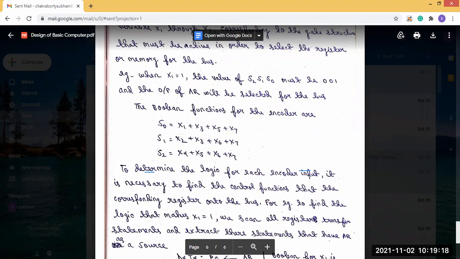Because x1 is what? If x1 equals 1, that means the address register gets the permission to use the bus. So all the register transfer statements will have the address register as a source.